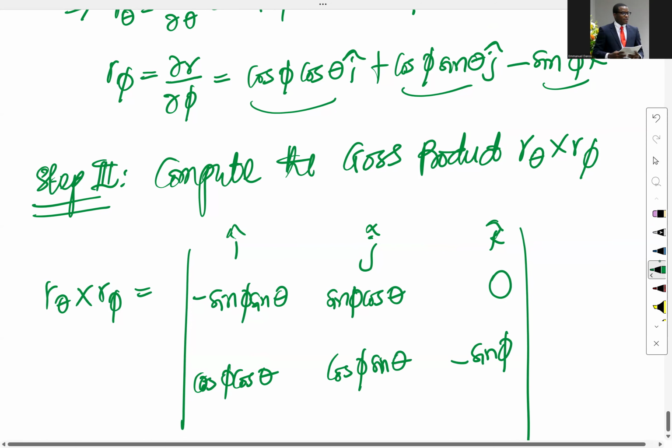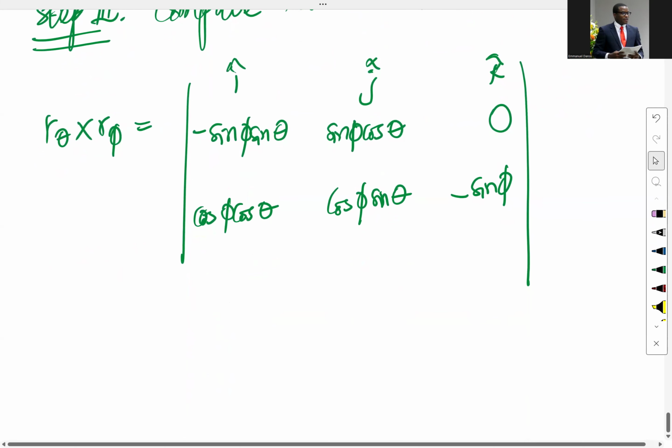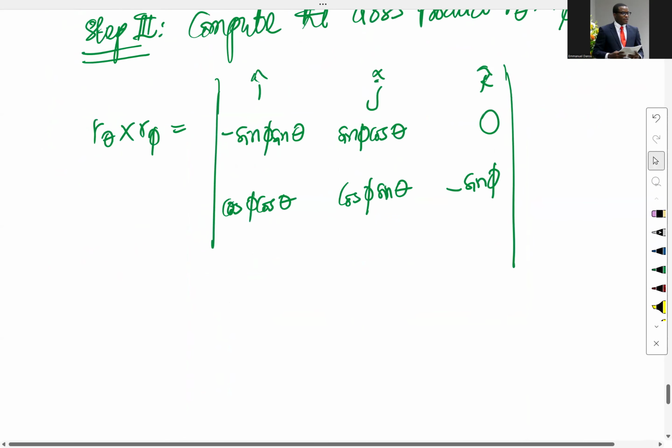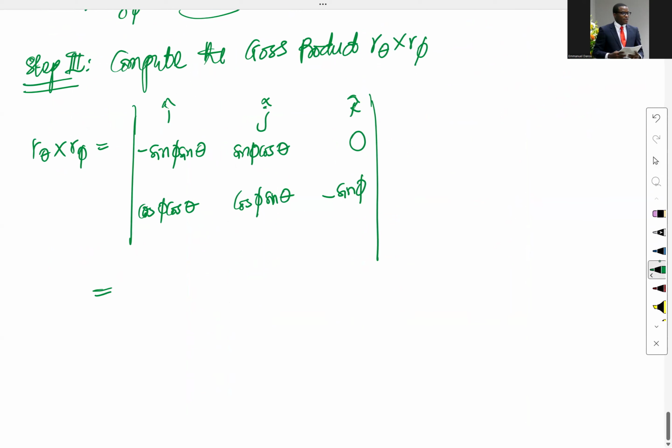Then we can calculate the determinant. Of course, this is about determinants, like we already know. As usual, we do the normal thing. For i, cross out the row and the column.